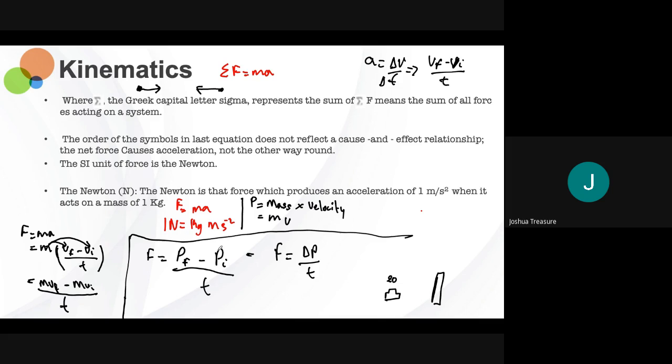That change in momentum in that split second will exert a force on the light post, and that light post might be destroyed, or it might turn over, it might be broken, or if it's strong enough, it might be able to withstand that force. But what we're trying to achieve is that the change in momentum in a split second will cause a force. That's how we relate momentum and force.